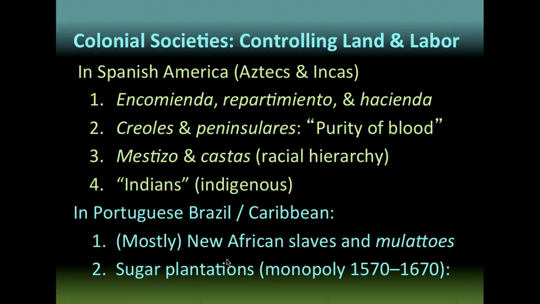And Europeans are, generally speaking, lazy and don't want to do the work themselves. And so many natives end up dying that Africans need to be brought in to work on these plantations. The Portuguese have a monopoly for over 100 years, and then other European nations come in and start growing sugar as well, including the French, Dutch, and British.